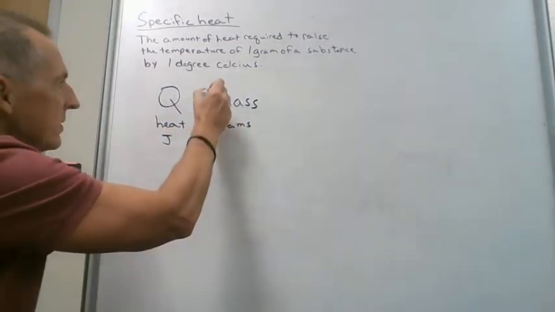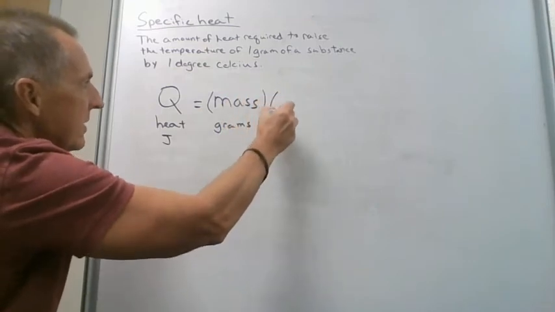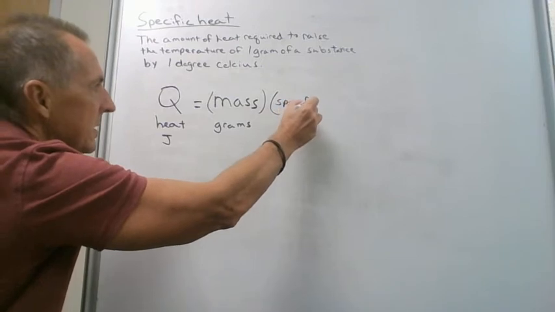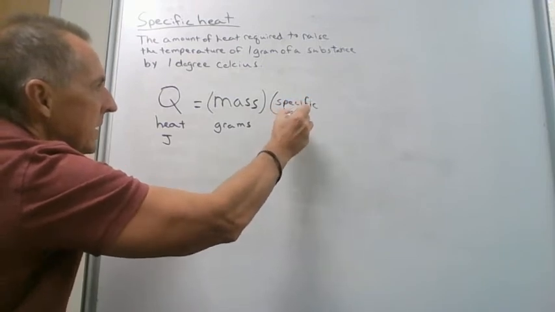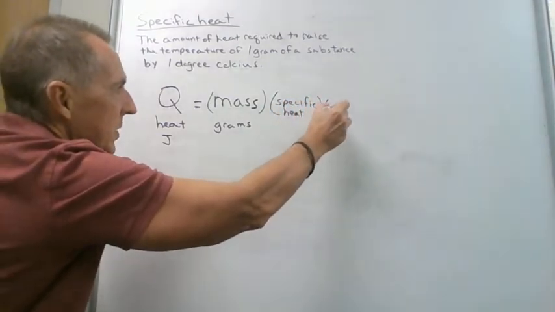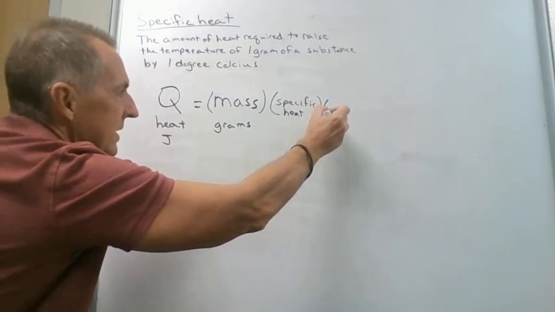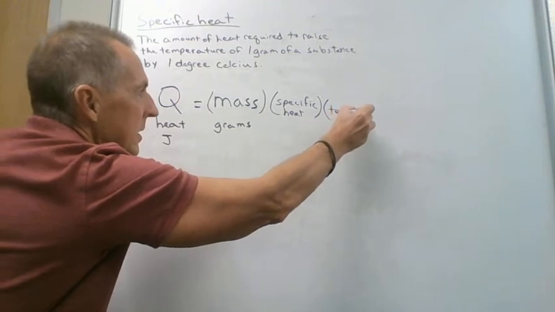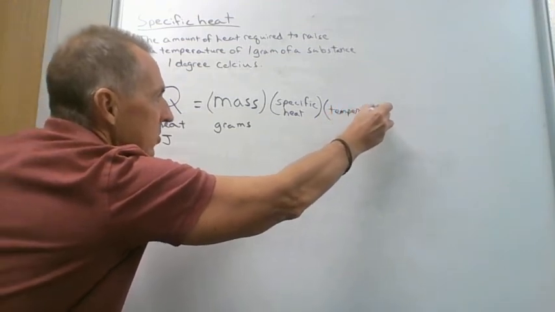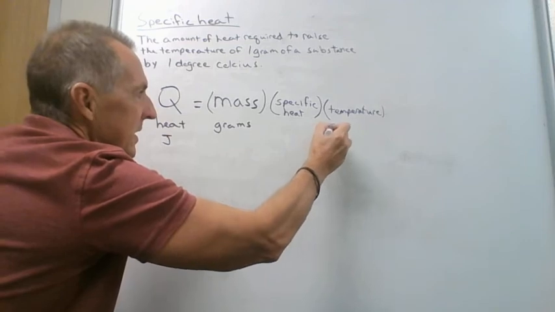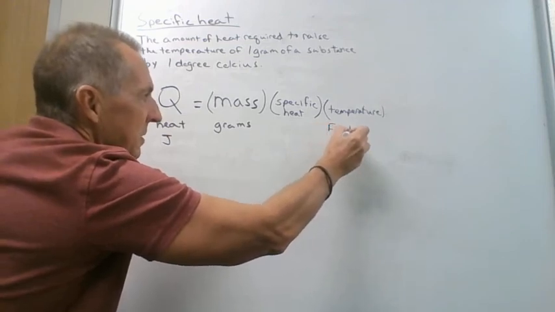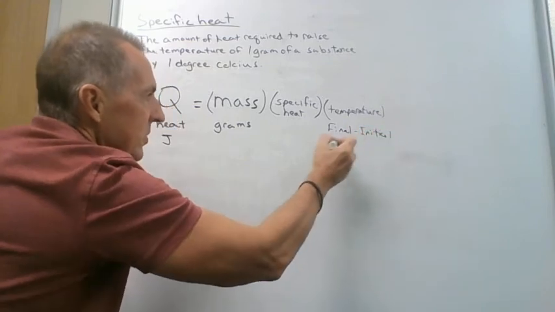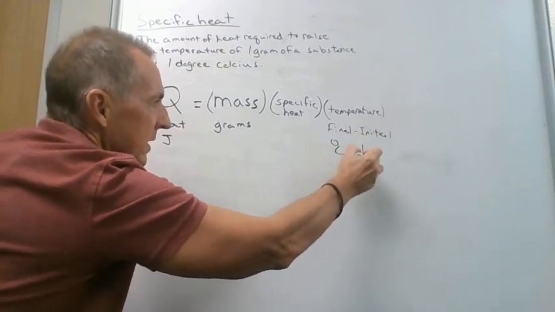So it's the mass of the substance times that substance's specific heat, and then multiplied by the change in temperature. Now this change in temperature is the final minus the initial, and this temperature needs to be in degrees Celsius or in Kelvin.